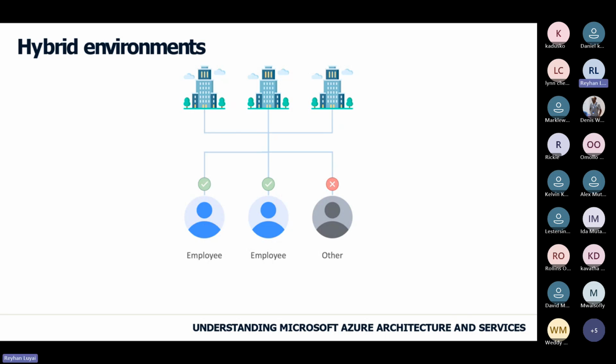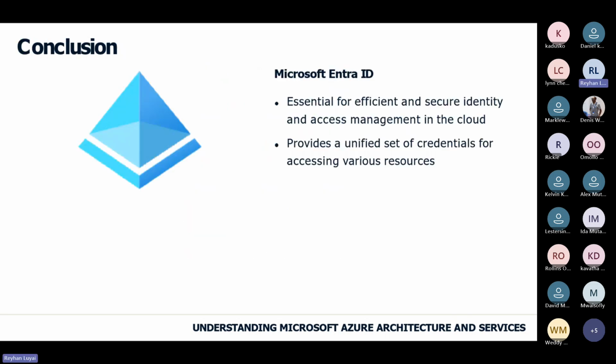So also Microsoft Entra ID is essential for efficient and secure identity and access management in the cloud. Without it, organizations will deal with disorganized authentication, resulting in a confusing user experience and increased security risks. Microsoft Entra ID simplifies this by providing a unified set of credentials for accessing various resources.